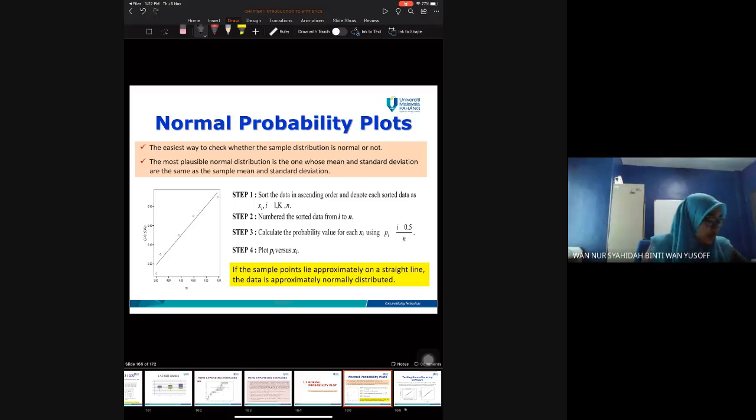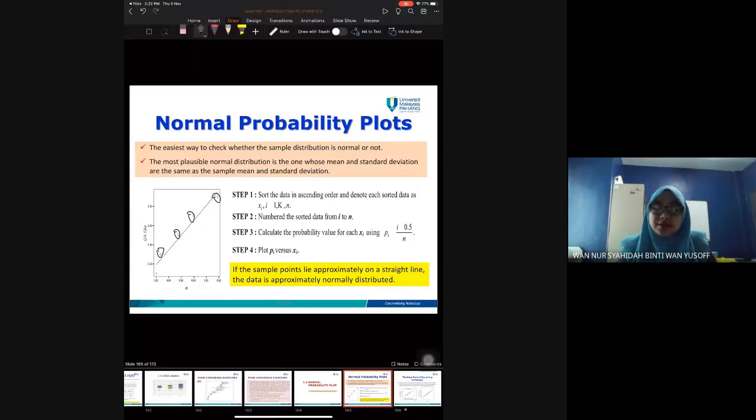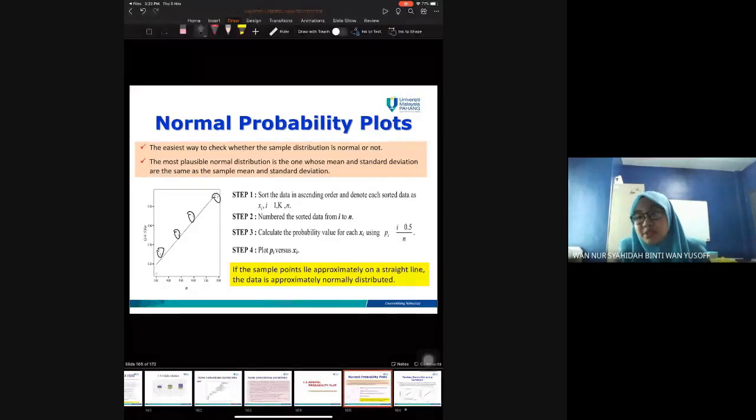Okay, so when you plot here, if your data points are on a straight line, it means that most of your data, let's say that you have about 60 data values, are on a straight line, then we can say that our data is approximately normal distribution.